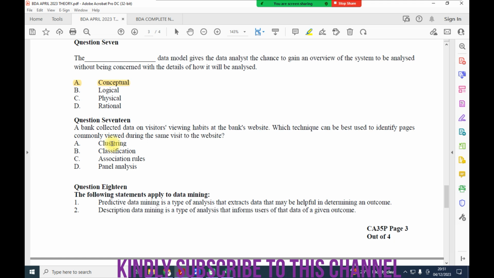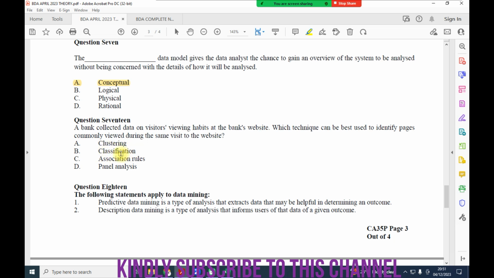That's what we are calling clustering. Classification, we are classifying similar data. Under data mining, classification is a common technique that separates data points into different classes.